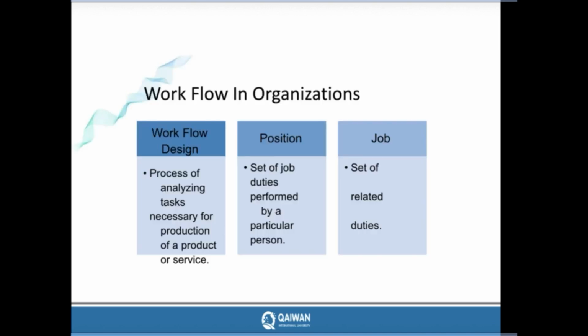We all know that work in any organization should be planned, as we talked about last session in chapter one, and should be analyzed and organized. So this is where today's topic begins.